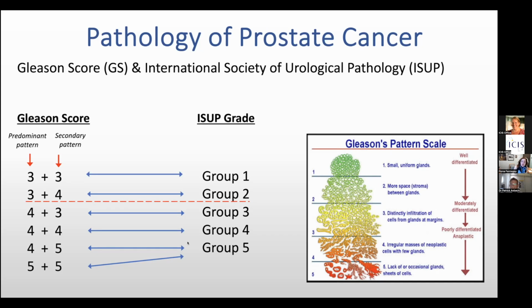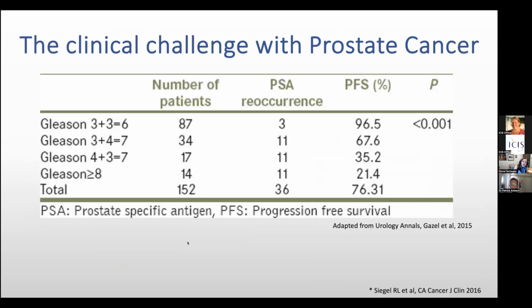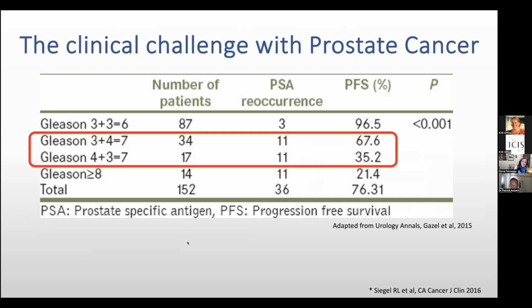The problem is that if you look at the actual progression-free survival, when we look at Gleason 3 plus 4 and 4 plus 3, this looks really similar. 3 plus 4, so that's predominantly 3 with a little bit of 4, versus Gleason 4 plus 3, which is predominantly 4 with a little bit of 3. They both add up to 7, so what's the difference?